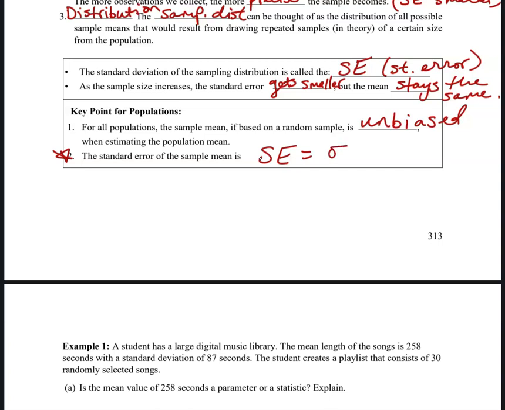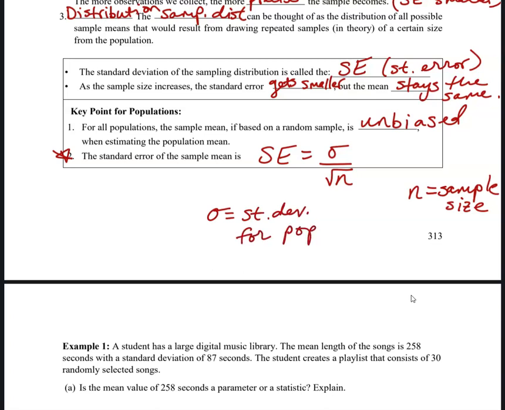It's going to become sigma, the population standard deviation, divided by the square root of n. And that's going to be the standard error when we're looking at a sampling distribution for means. And don't forget also that n is our sample size. Let's write that down. So n is the sample size, and sigma is the standard deviation for the population. If we know it, we're going to use sigma.